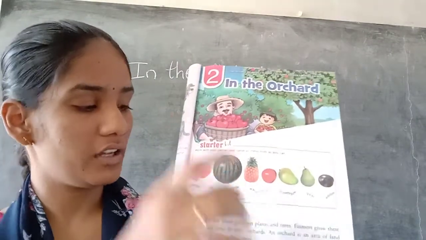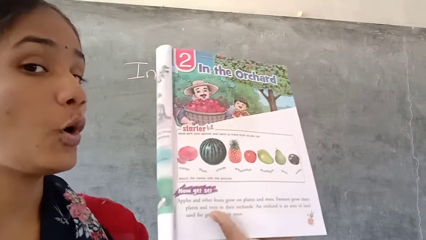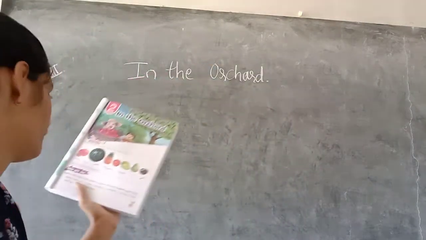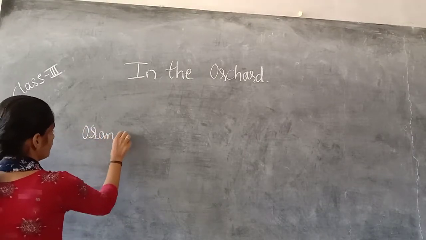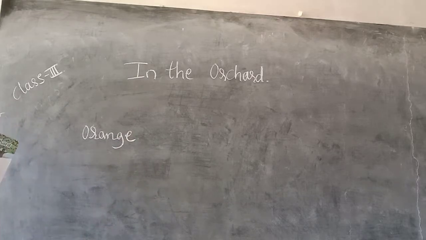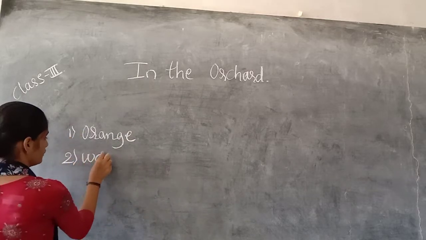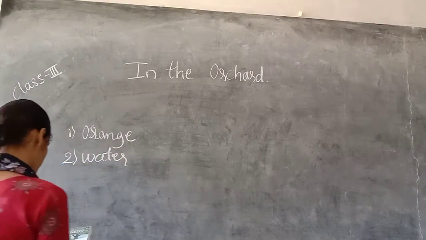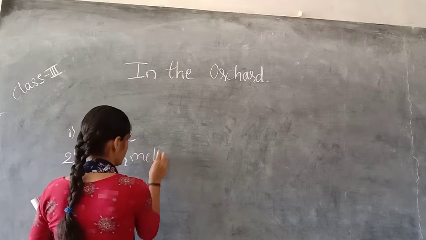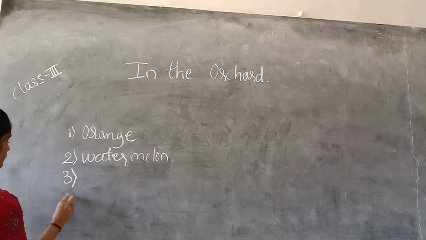Where is the word watermelon? Yes, the fourth word. So the first picture is orange, and the second picture is watermelon. The spelling of watermelon is W-A-T-E-R-M-E-L-O-N.